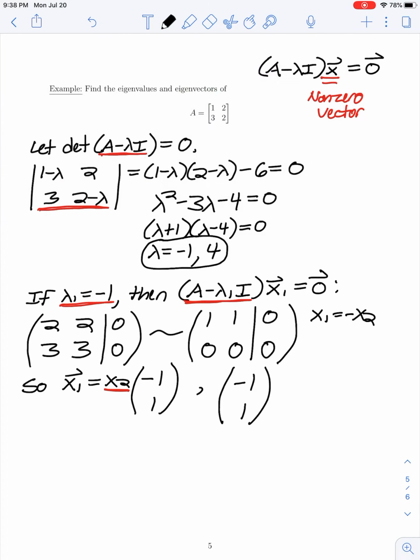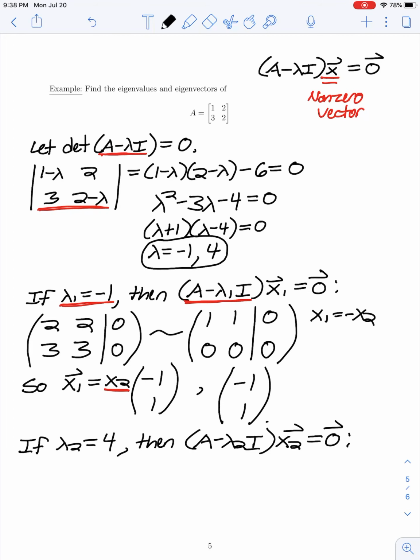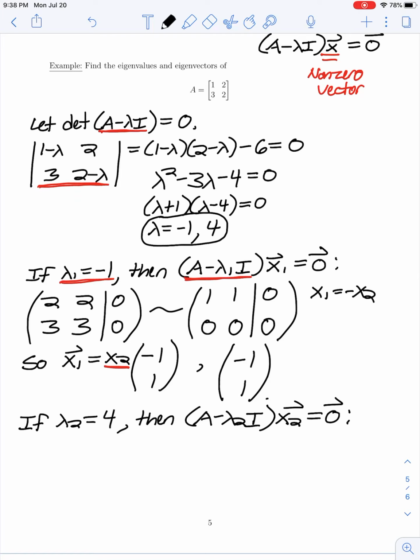So let's see if we can find an eigenvector for the other value. If lambda 2, our second eigenvalue, is equal to 4, then the equation (A minus lambda I) times another vector, let's call it x2, equal to 0, can be expressed in terms of an augmented matrix as follows.